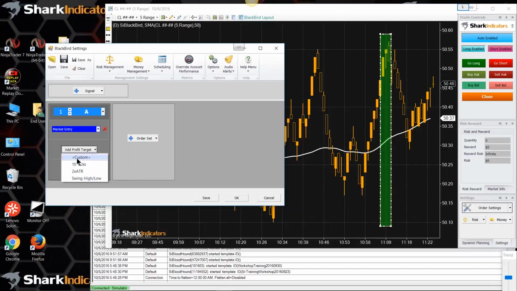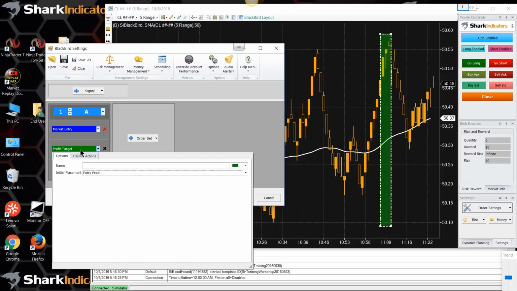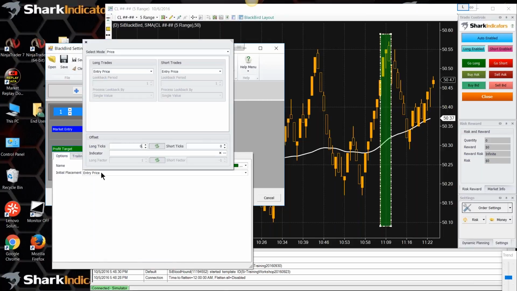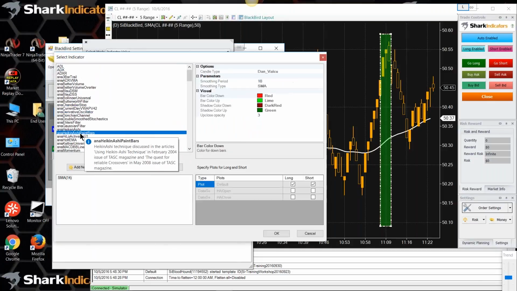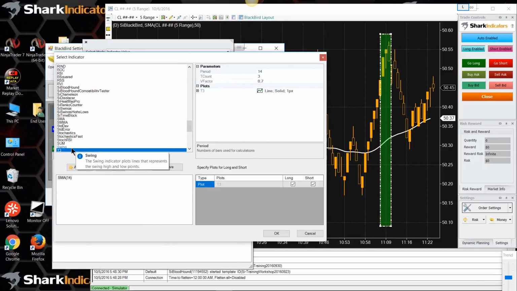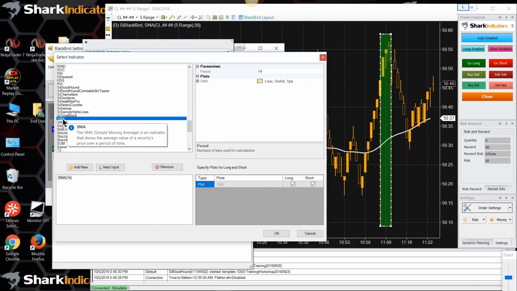So, profit target, we're going to do a custom profit target. We're going to set our mode to indicator value, and we're going to set this to an SMA.